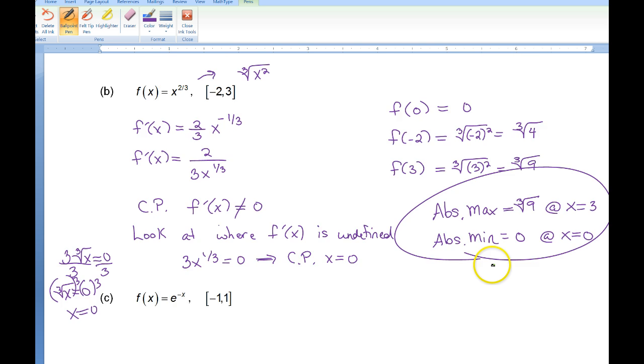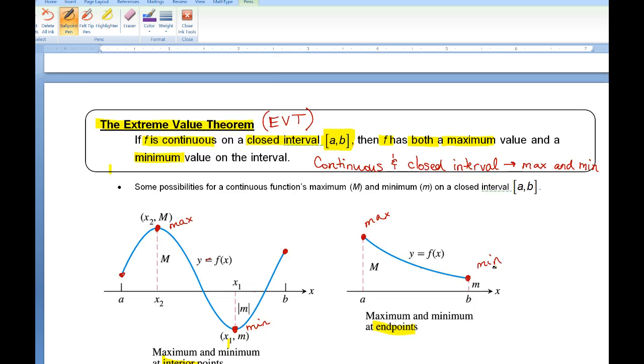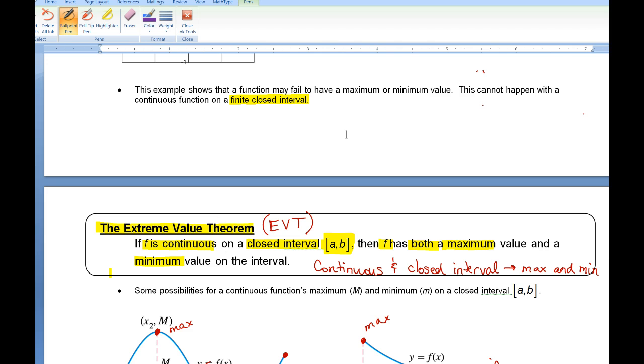Let me just remind you, I'm sorry to go back to this point. Do you remember how I said you need to remember the extreme value theorem? I probably should have gone back and reviewed this before we did the examples. If it's on a closed interval, it has to have both a maximum and a minimum every single time.